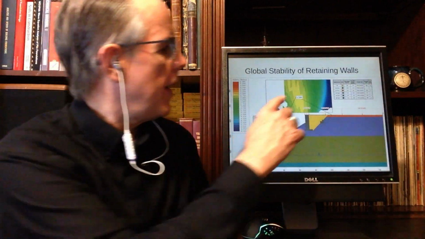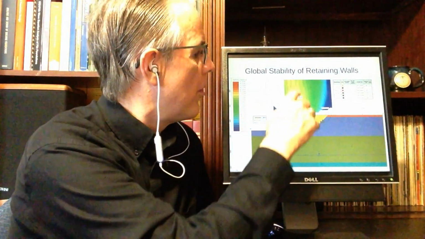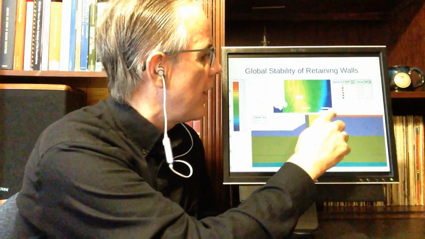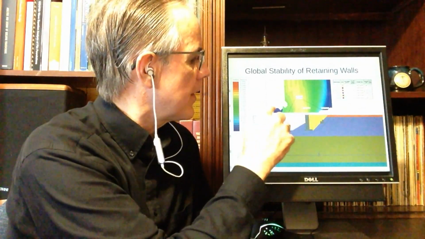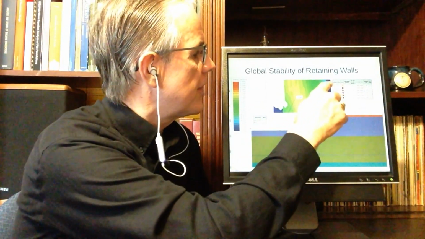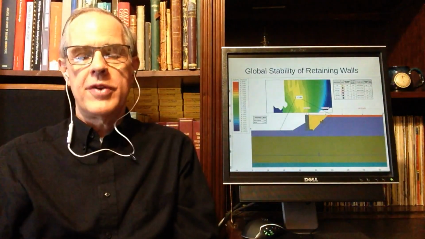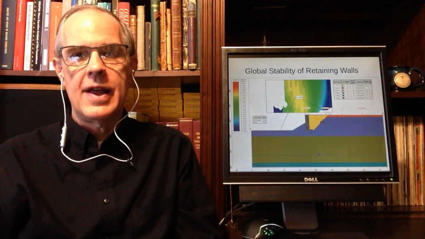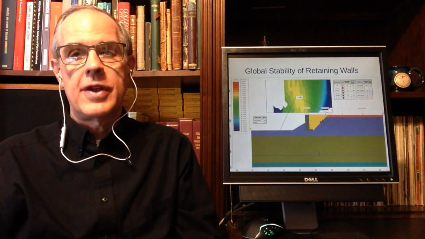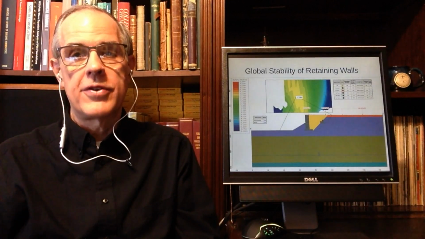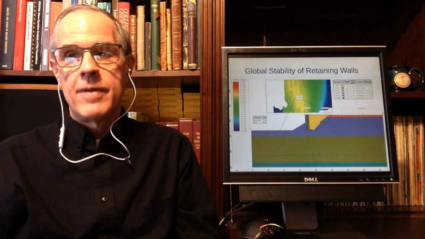But you must understand, notice that you have this so-called low point, and it searches all of these points, all these colors and whatnot, which represent points where the center of the circle has been analyzed and the factor of safety has been computed for that circle. And it keeps looking for it.